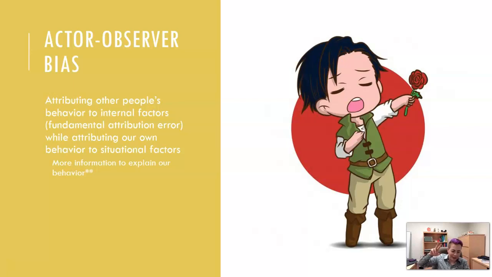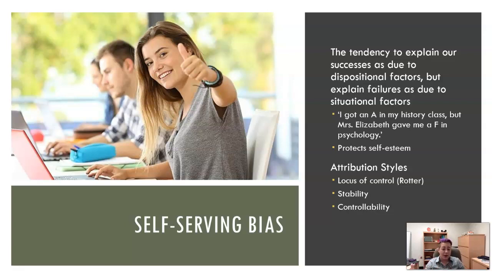I think you're picking up what I'm putting down, whereas you are a victim of circumstance. That feeds this self-serving bias. We attribute other people's behavior to internal factors while attributing our own to situational. That serves our self-serving bias so that we see ourselves in a positive light all the time. Because we want to think that we are good, right?